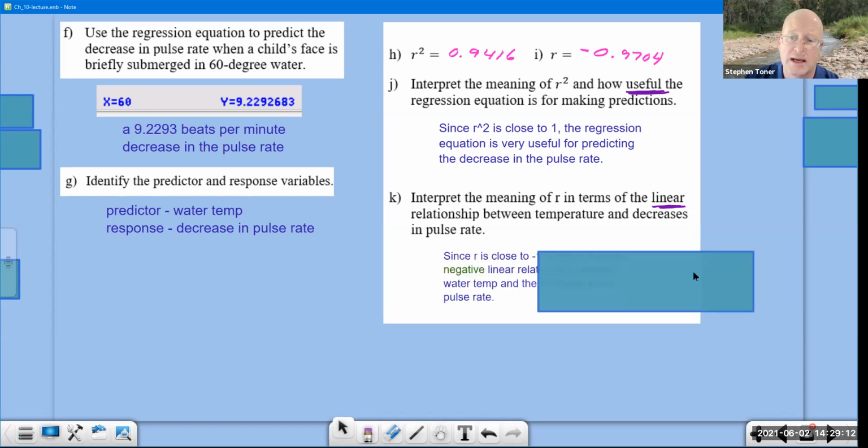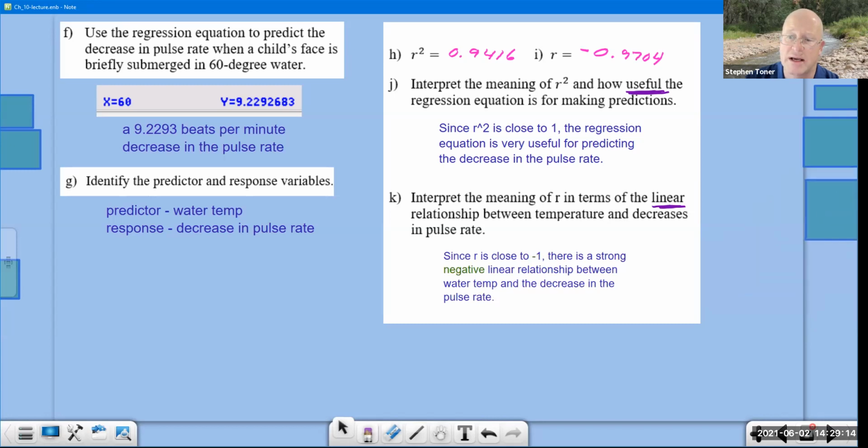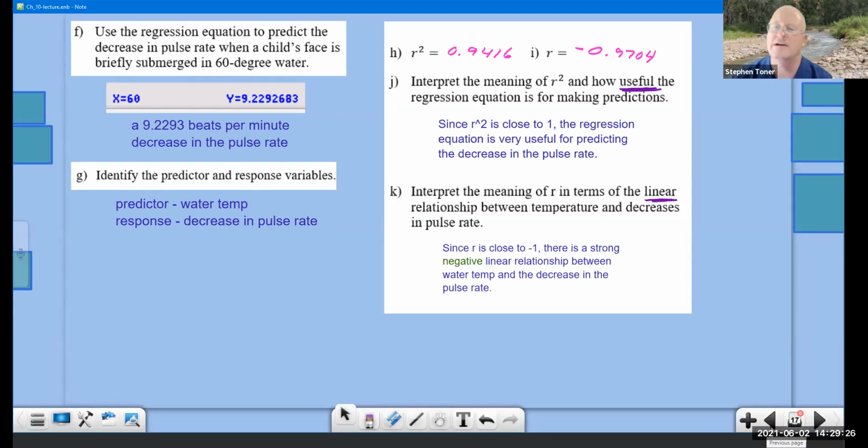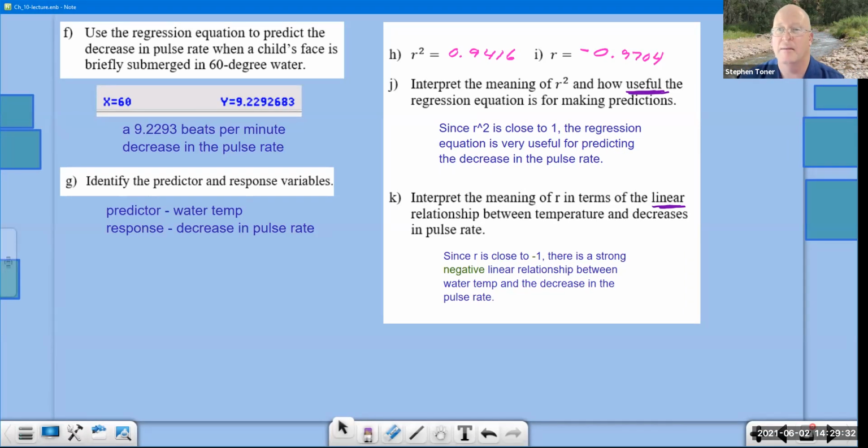So we're going to say, since R is close to -1, there's a strong negative linear relationship between the water temperature and the decrease in pulse rate. So, this was just a weird problem because the y variable mentioned a decrease. Maybe we should have used the word drop instead. But the English language is just a little bit weird, and we've got to be able to deal with it.